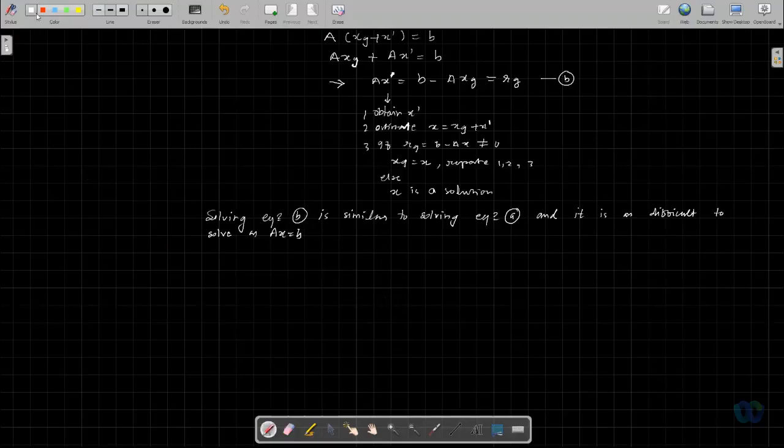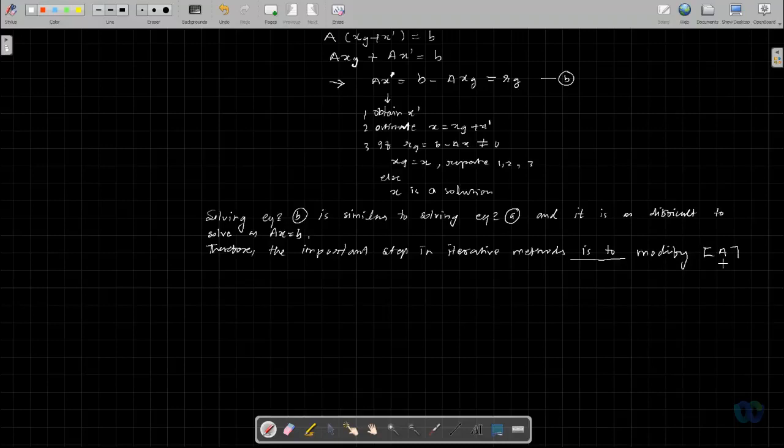So the crucial step, or the important step, in iterative methods is to modify A. This is very important to remember.